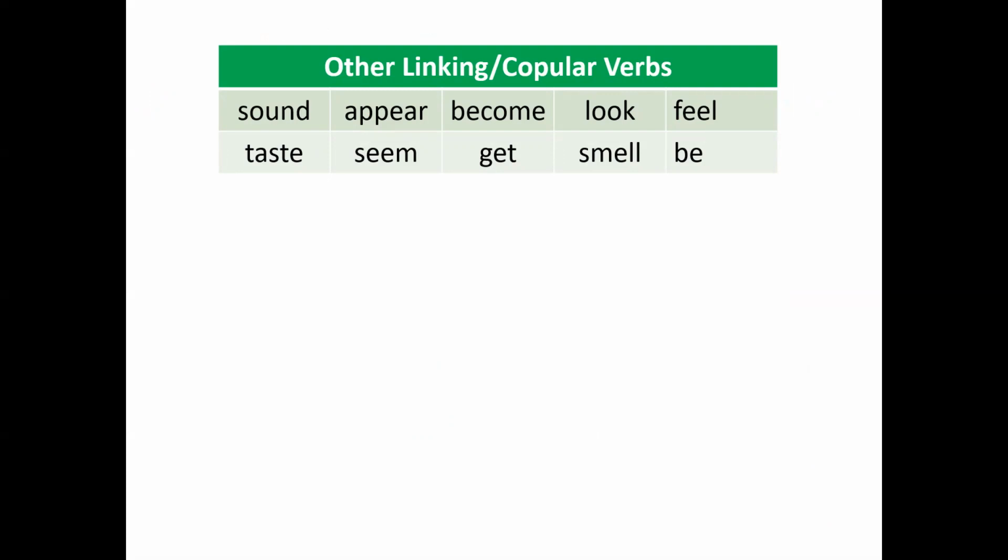Again, please note that these verbs may belong to different categories depending on their meaning and use. The verb taste, for example, may be a copular verb in it tastes good, or a transitive verb in I tasted the wine. So there are the first two of these seven sentence patterns.